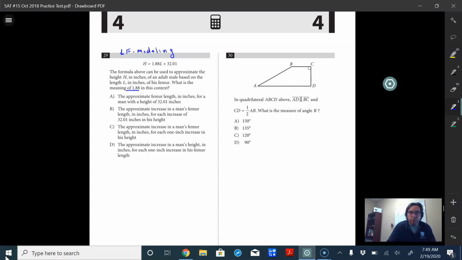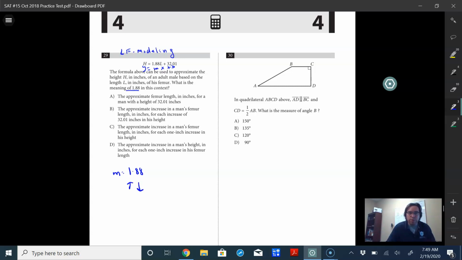And remember, it's also going to be in the form of y equals mx plus b. So it's mimicking this. And so 1.88 we see is the slope. So we see the slope is equivalent to 1.88. And remember, the slope is always going to have some sort of increase or decrease as a part of the expression or the answer choice.